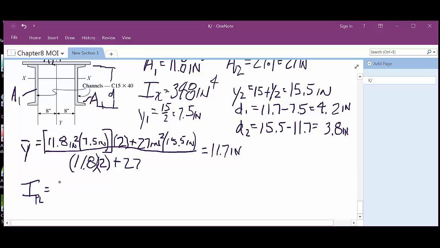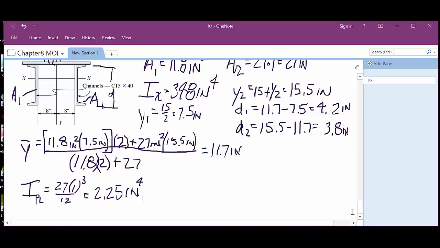So the base is 27 times 1 cubed, divided by 12. Punch that in real quick. 2.25 inches to the fourth. Okay.